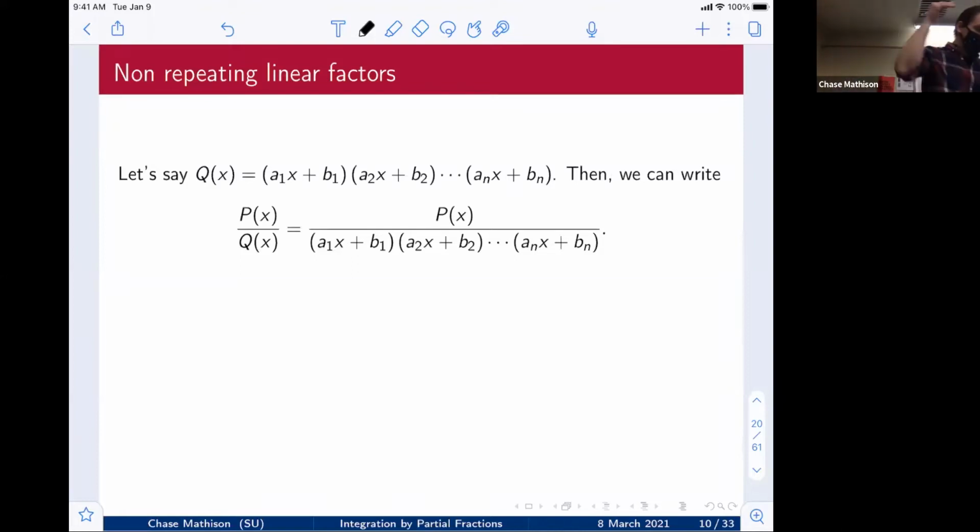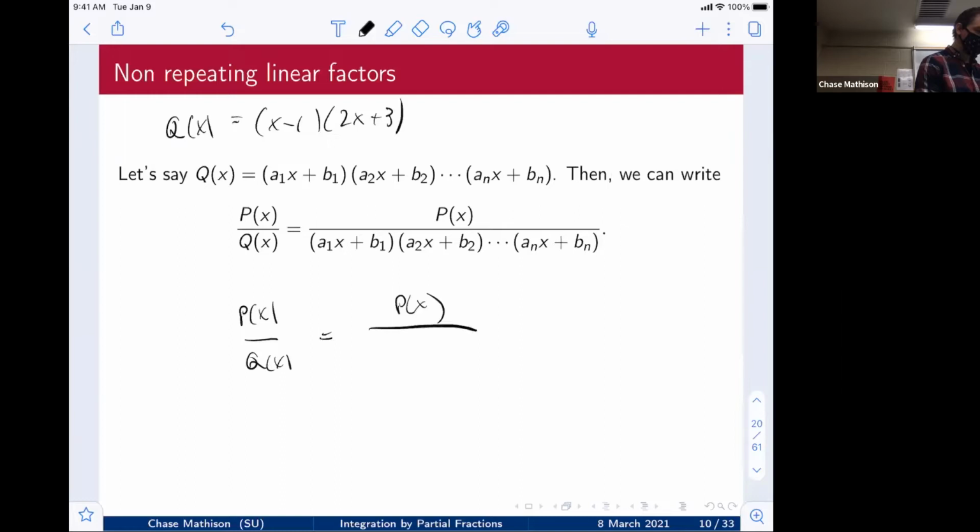Again, if you want to focus on a specific case, say Q of X is X minus 1 times 2X plus 3, I'm just picking those at random, then this is like saying P of X over Q of X is P of X over that product. I'm just writing out Q of X in terms of its factors. That's all I'm saying there.